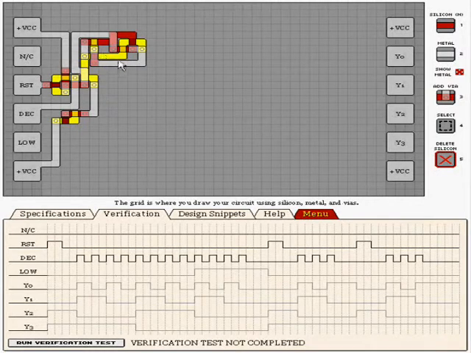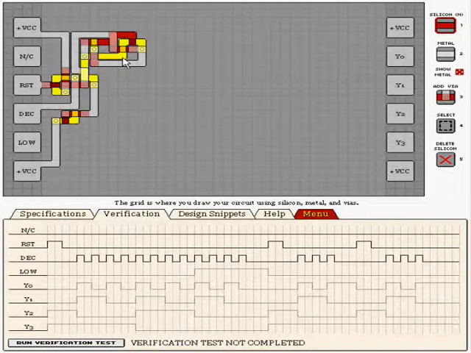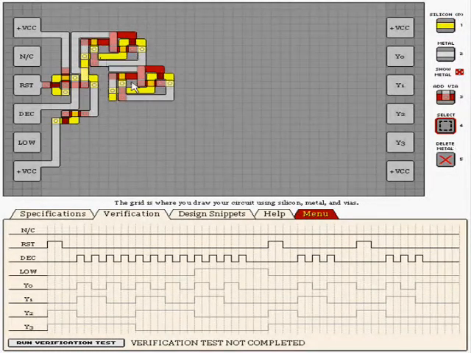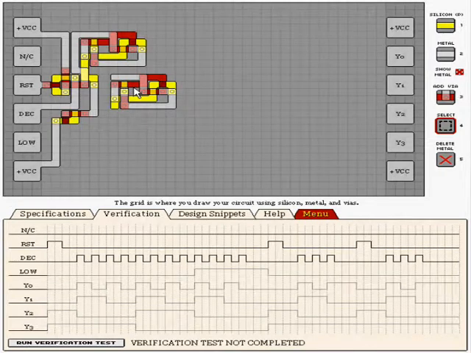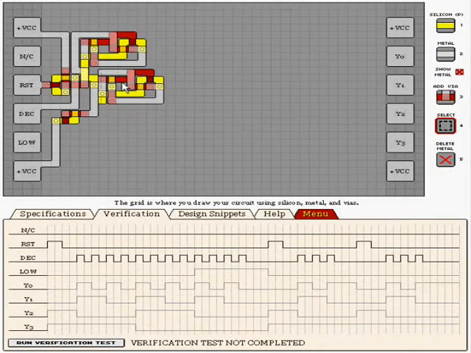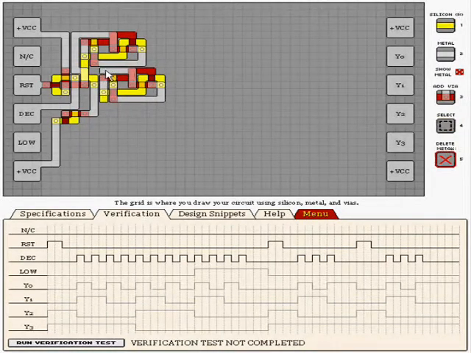So we're going to be using the set signal from this memory cell as the basis for the next memory cell. Should be somewhere around here. I should move it a tiny bit.